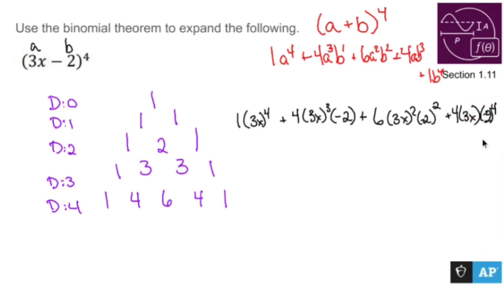I just ran out of room. Plus 1 b to the fourth, which is negative 2 to the fourth.